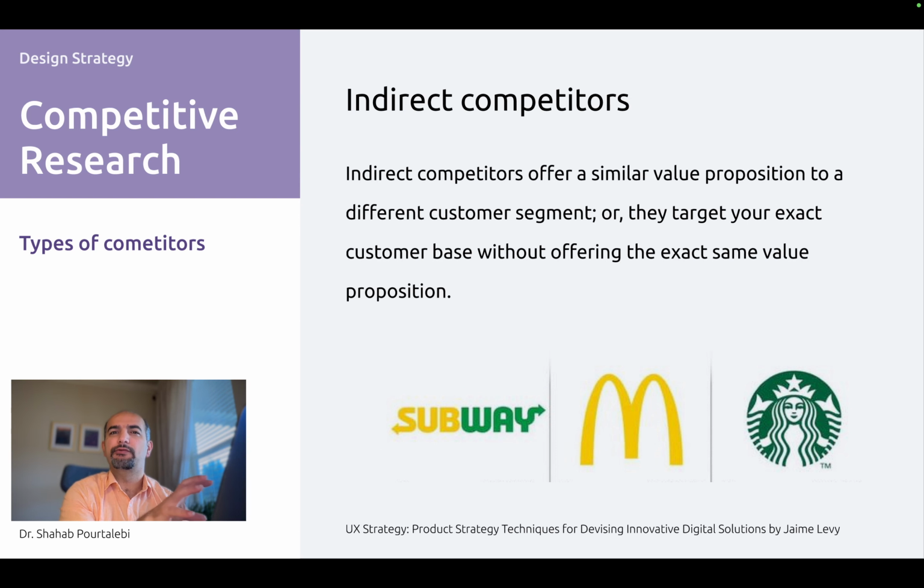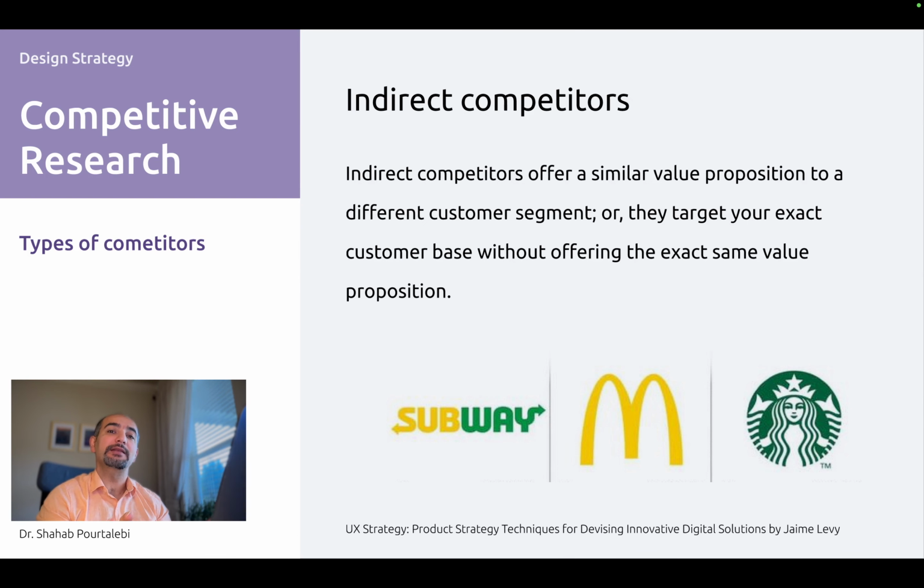Like fast food, quick preparation, fast serving as the value proposition in these two competitors, but one of them is targeting more health-concerned users. The other one is targeting junk eater users, for example.